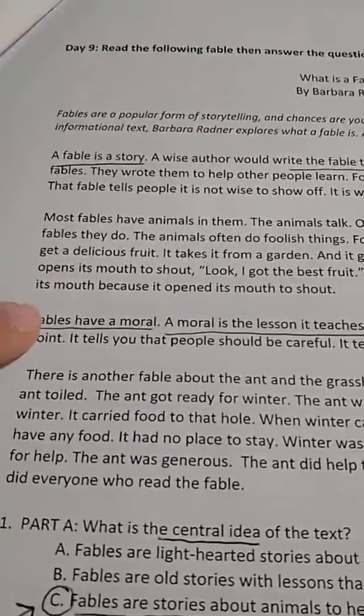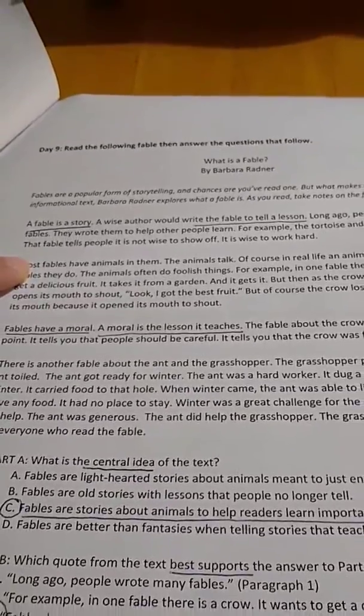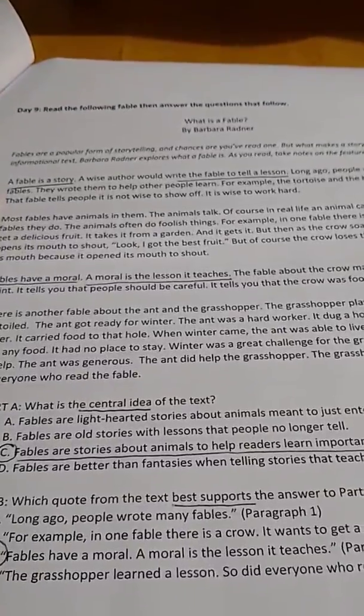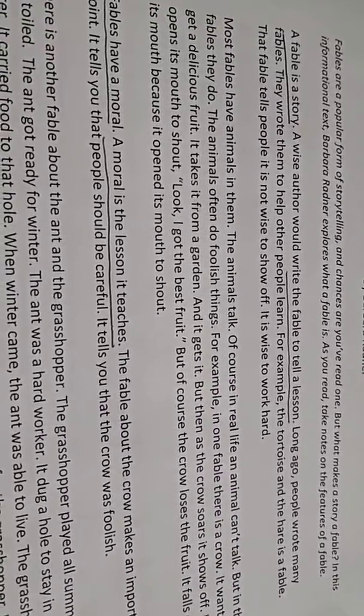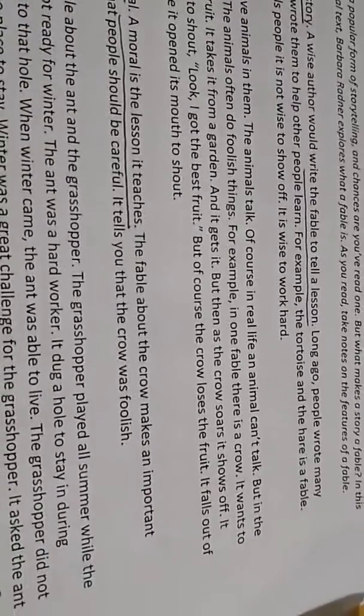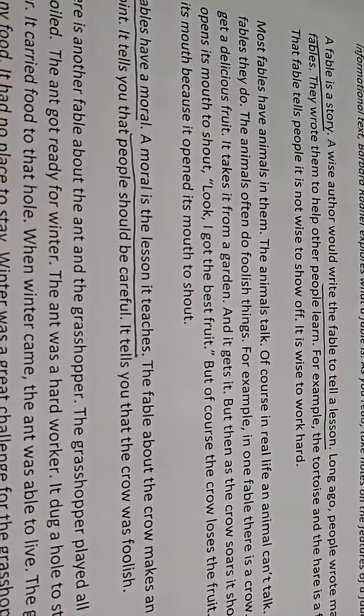Well, then it goes on after this example talking about the story about the crow. And I can't remember, boys and girls, which fable that is. I can't remember the whole title of it.